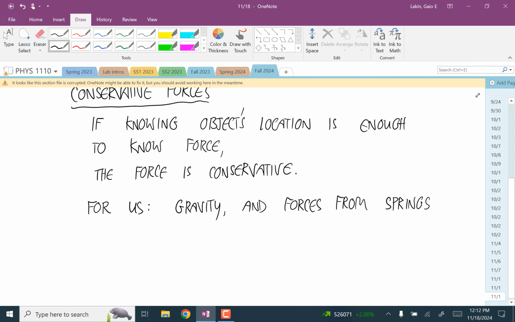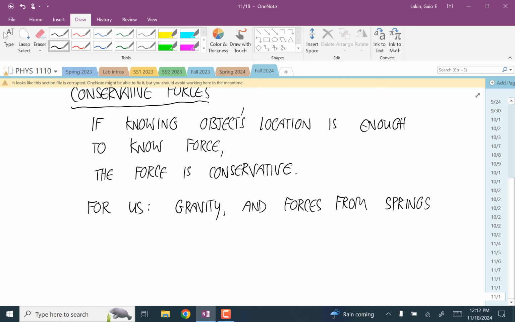What about a spring force? How does that work? Well, let's say we attach a spring to the wall, and I attach it to the calculator and I stretch it back here, and we took a measurement of it. Kind of the question is, would it be the same force that it applied to this, no matter how I got to this location? Is information about how far I've pulled it back enough to specify what the force is going to be?